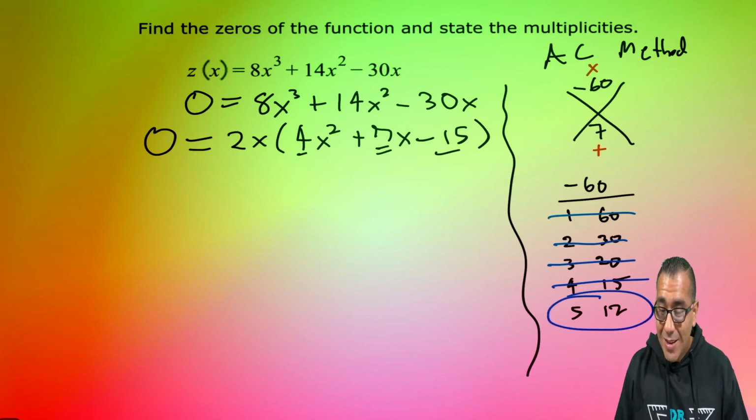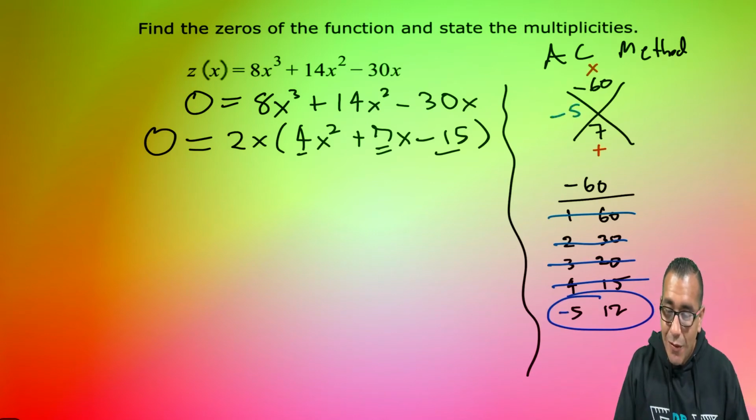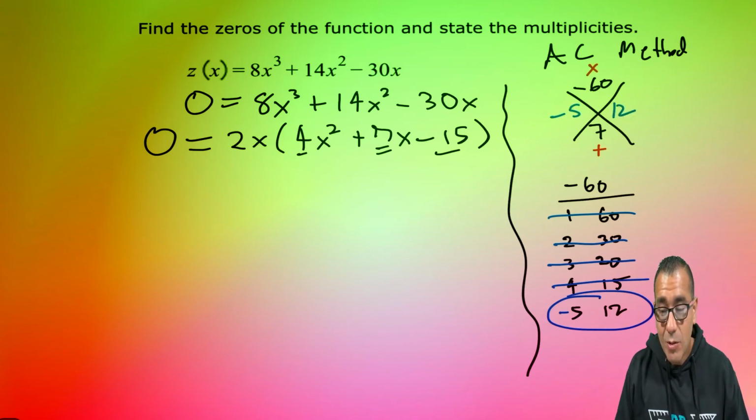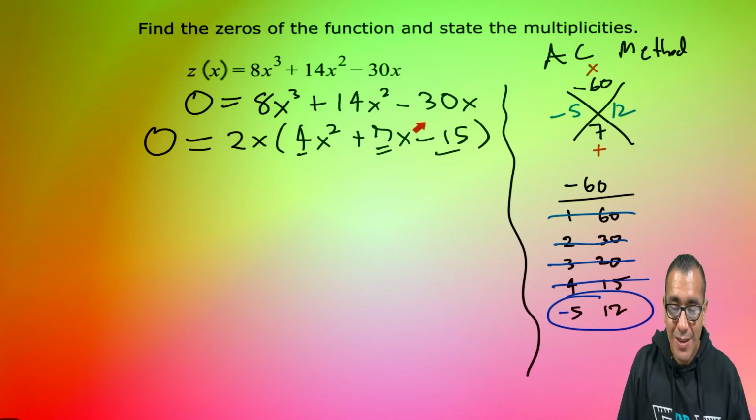And notice this 7 is positive, so that means our bigger number is going to be positive and our smaller number will be negative. So negative 5 times 12 gives me negative 60, but when I add them, it gives me a positive 7. So I'm going to use these two factors to rewrite this.